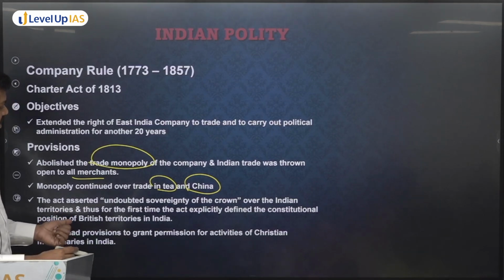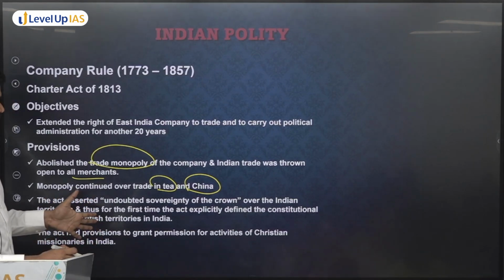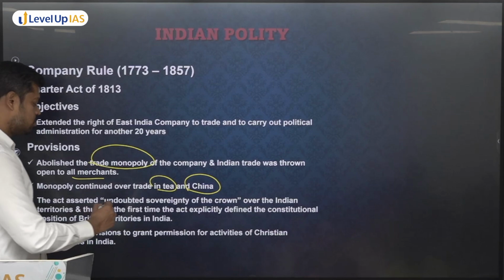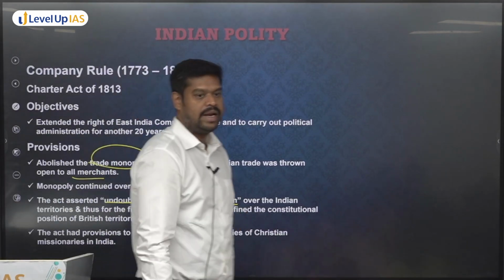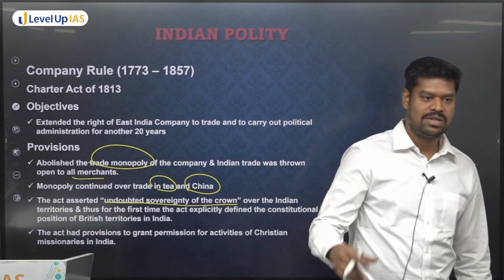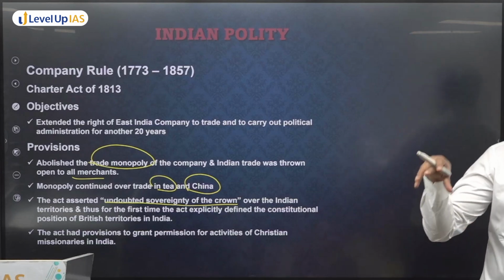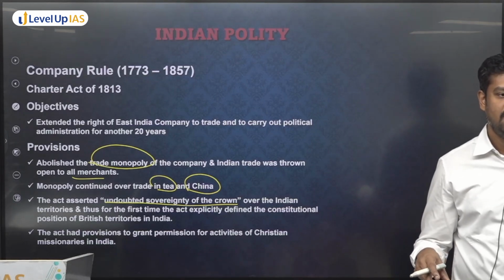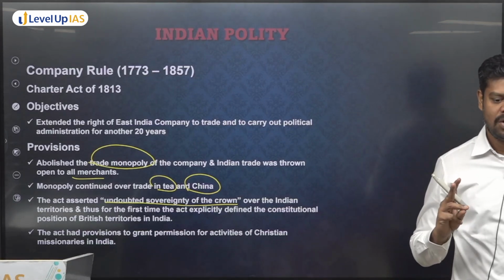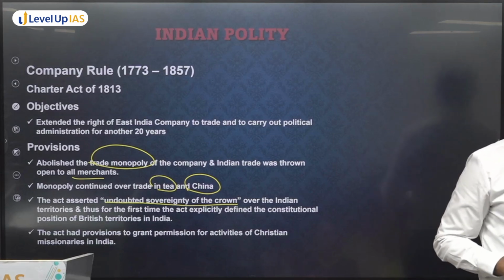And apart from that, the act also asserted the undoubted sovereignty of the Crown. So what does it mean? It explicitly mentioned that whatever is the East India Company's possession in India, it all belonged to whom? It all belonged to the British Crown, nothing to the East India Company.